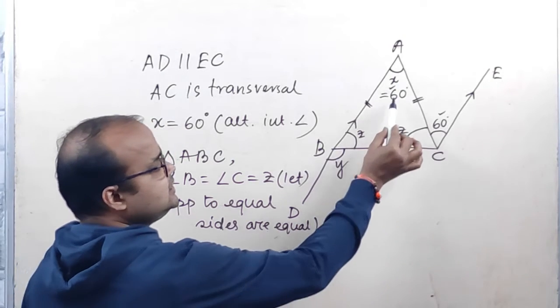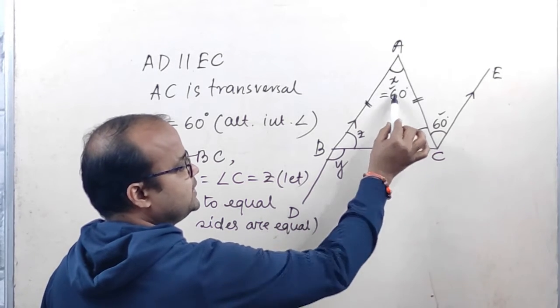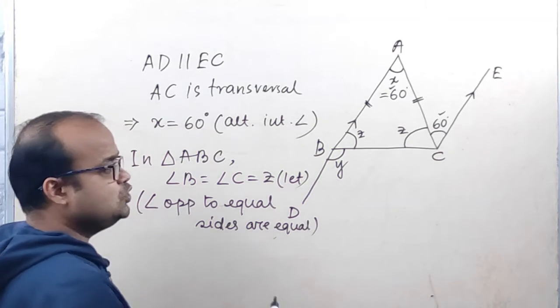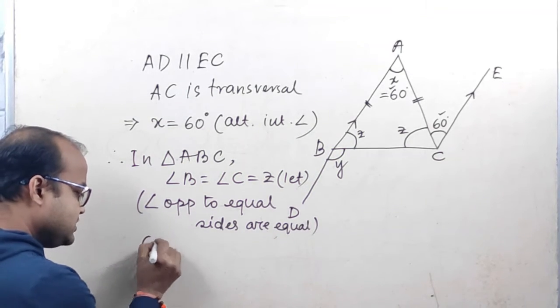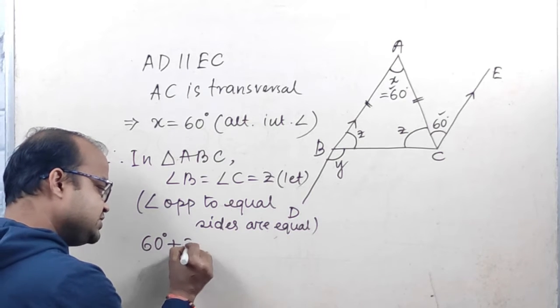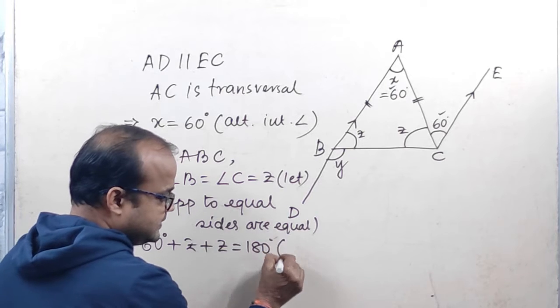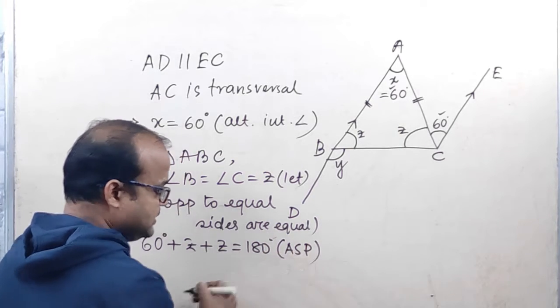Now apply the angle sum property. So 60 plus Z plus Z equals to 180 degree, angle sum property.